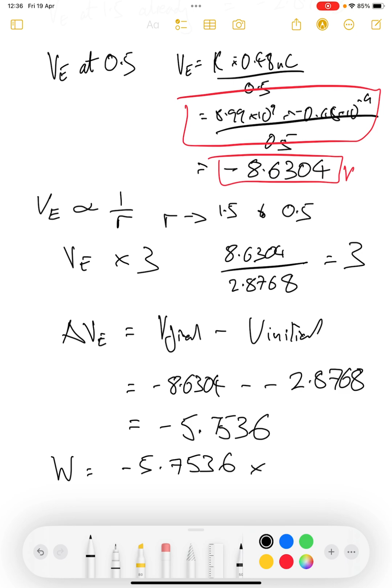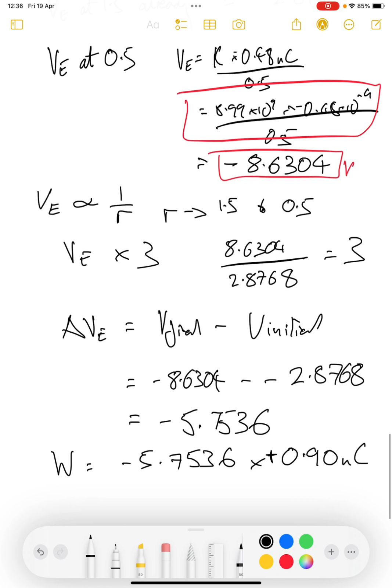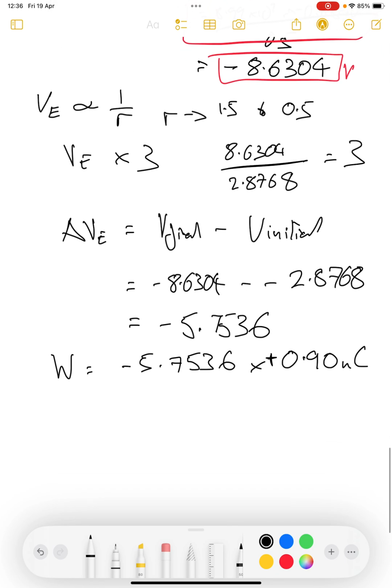In this case, we've changed this to be 0.90 nanocoulombs, and it's a positive, will give us a negative answer, which is minus 5.178 times 10 to the minus 9.